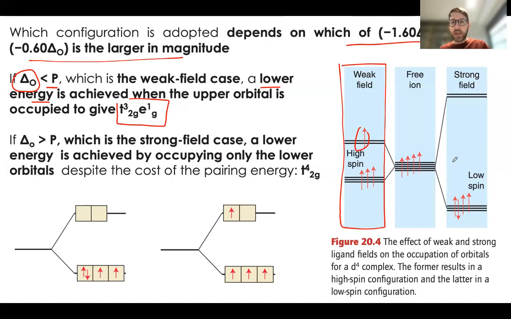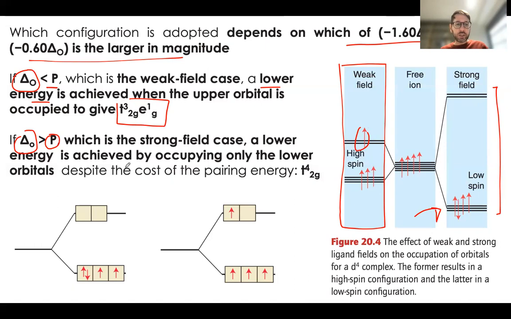On the other scenario, in which we have the strong field limit, the ligand field splitting parameter has higher magnitude than the pairing energy. So it's more energetically favorable for the electron to pair into the T2G levels instead of being promoted to the EG levels.